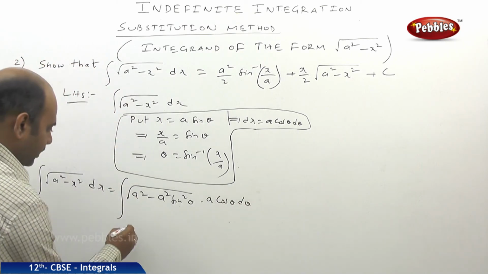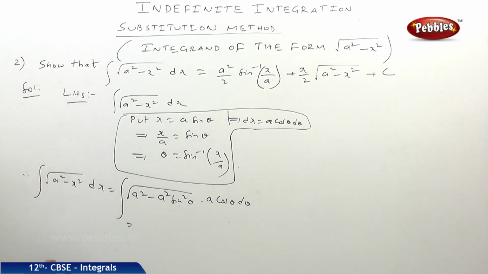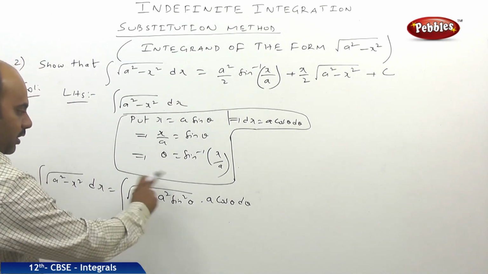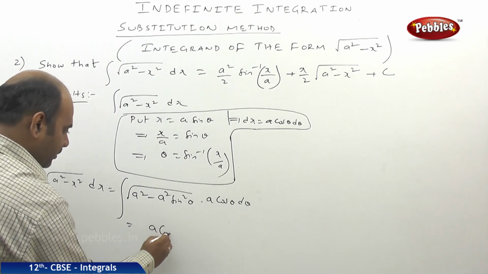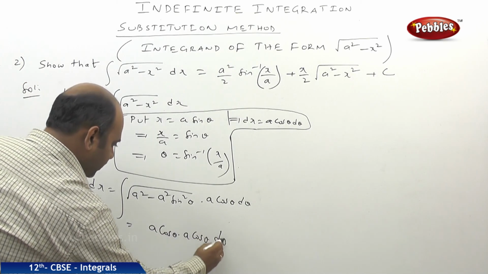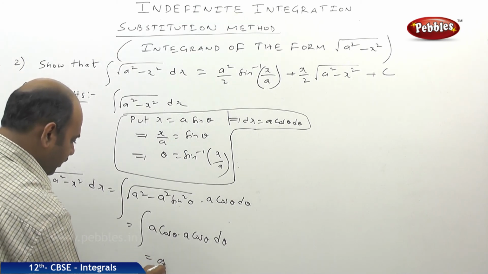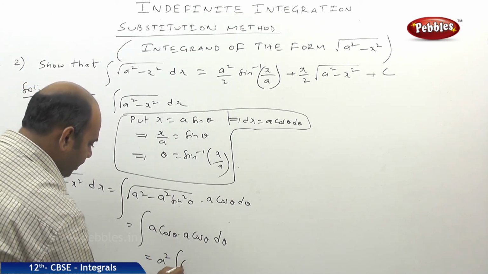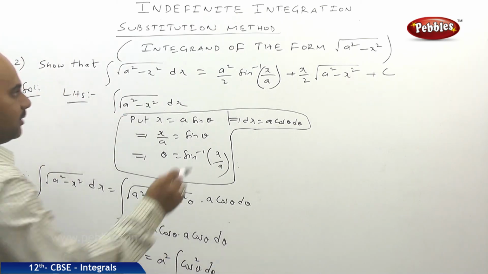So finally that is equal to a square cos square theta, but root is there, so comes a cos theta into a cos theta d theta, and outside is an integral. So a into a will be a square, coming outside, there remains cos square theta d theta.